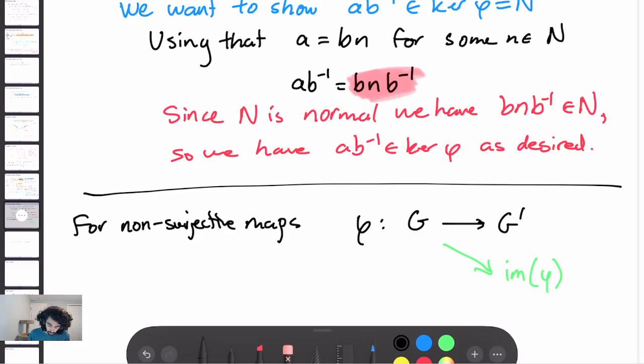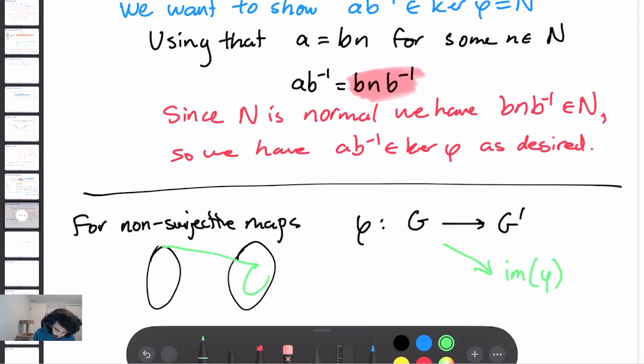So the picture here is, sorry, that's not how I want to draw this picture. So phi is acting, and if it's not surjective, it's not going to hit everything in G prime.